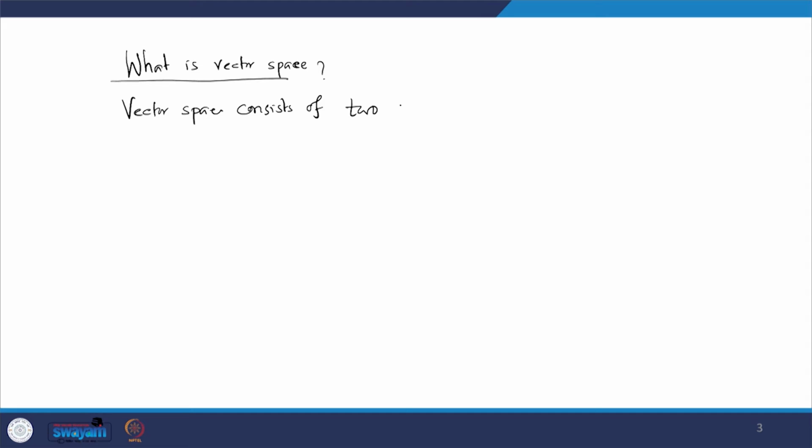So, let us define vector spaces. The first question is, what is a vector space? I can write it like this: a vector space consists of two sets.